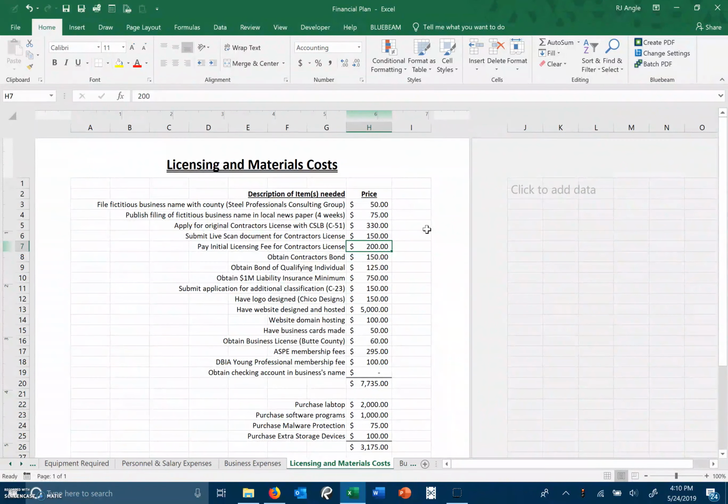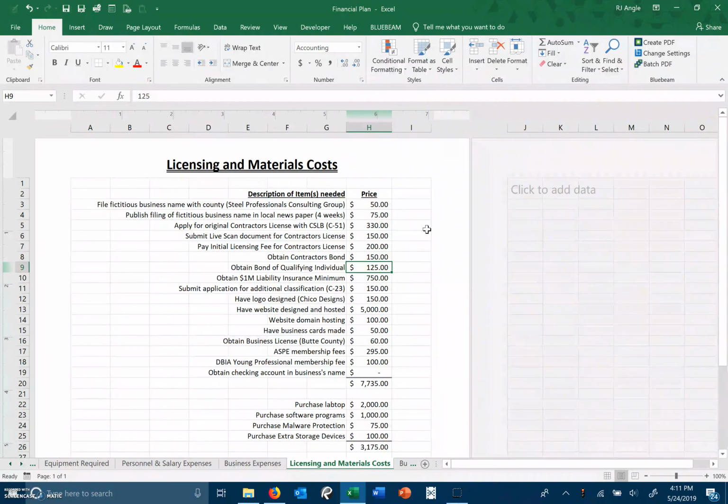Another requirement to receive that, on top of liability insurance, is I have to obtain a contractor's bond. I have to be personally bonded as the qualifier on that license, and to get that bond is going to cost me about $150 startup. Same with the bond of qualifying individual, which is another bond that is required just in order for them to issue me my license, which is a $125 expense.